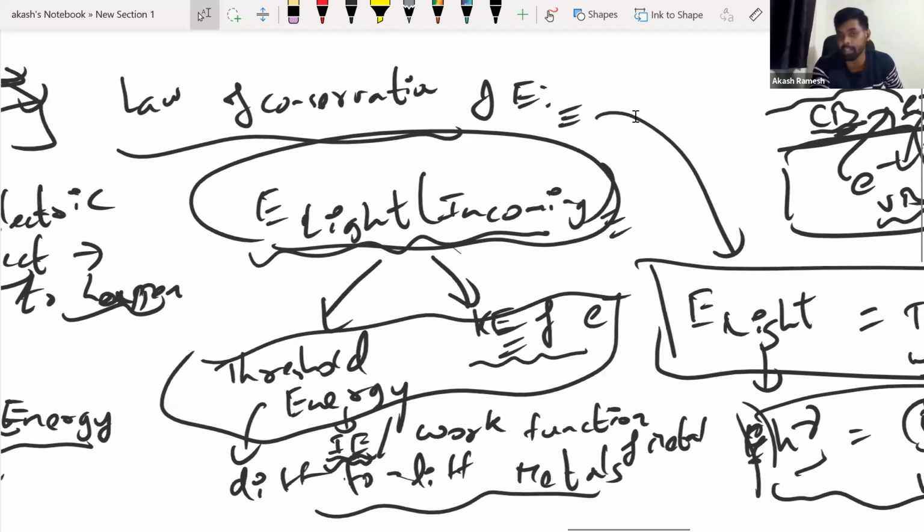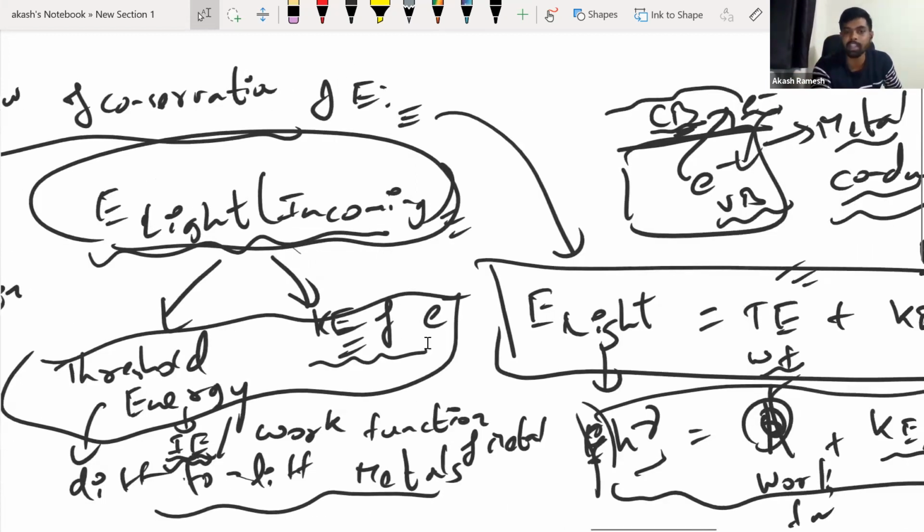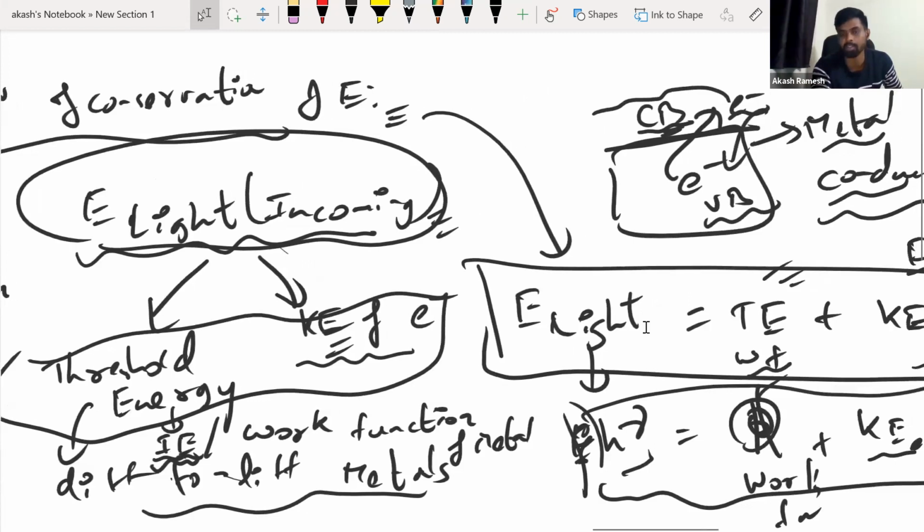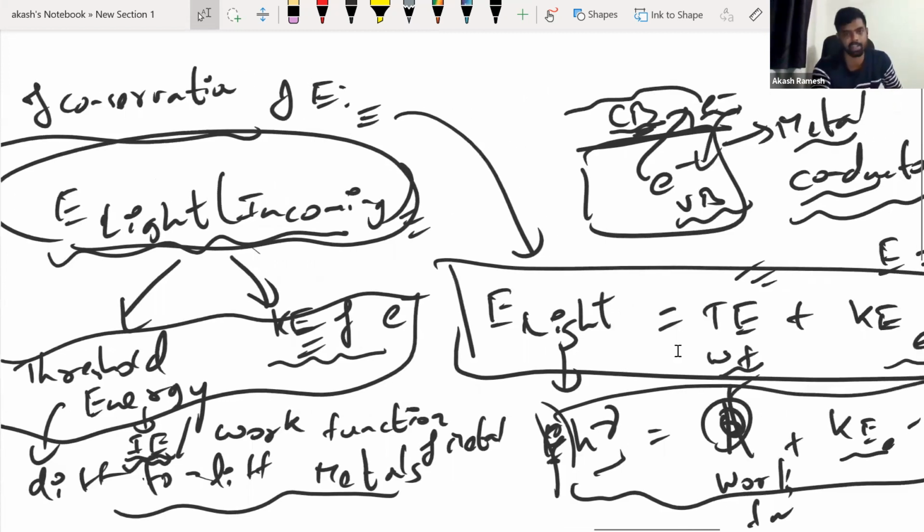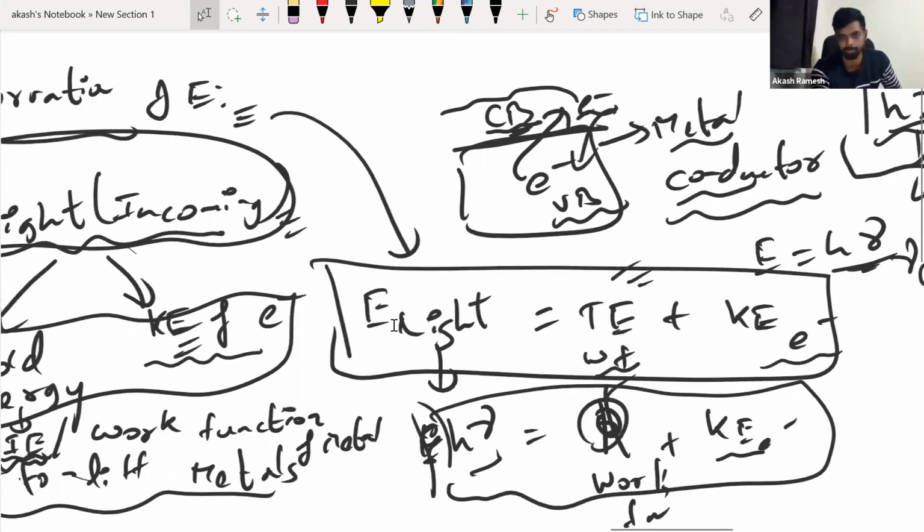If I apply the law of conservation of energy, the incoming energy should be equal to the outgoing energy, or whatever energy you give should be equal to the energy spent. It cannot be lesser, and it should not be higher. That's why we write the energy of the incoming radiation, light, is equal to the threshold energy plus the kinetic energy, because these are the only two ways in which the energy of the light can be used.